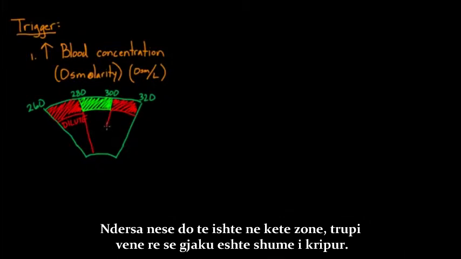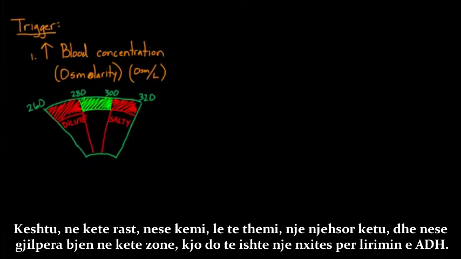And if it's on this side, your body's noticing that it's too salty. The body is saying that the blood is too salty. And so in this case, if you have a meter down here, if the needle is falling in this area, then that's going to be a trigger for ADH release.